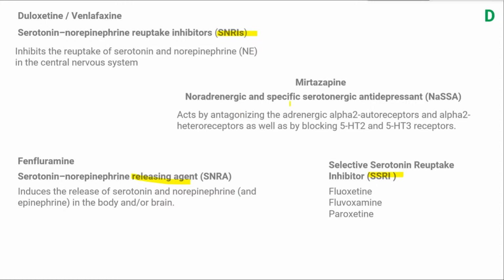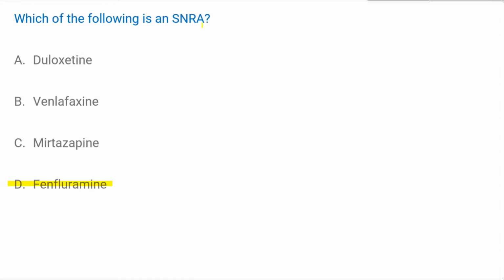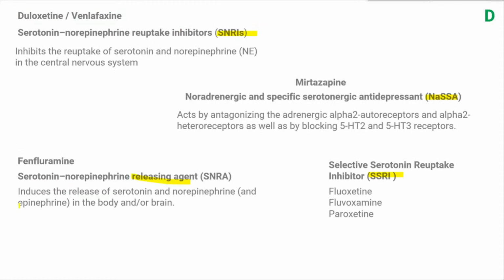And noradrenergic and specific serotonin antidepressant is NaSSA. So just see what they have asked and reply. If the question is on a releasing agent, the answer would be D, that is fenfluramine. If it is on reuptake inhibitors, it will be either duloxetine or venlafaxine.